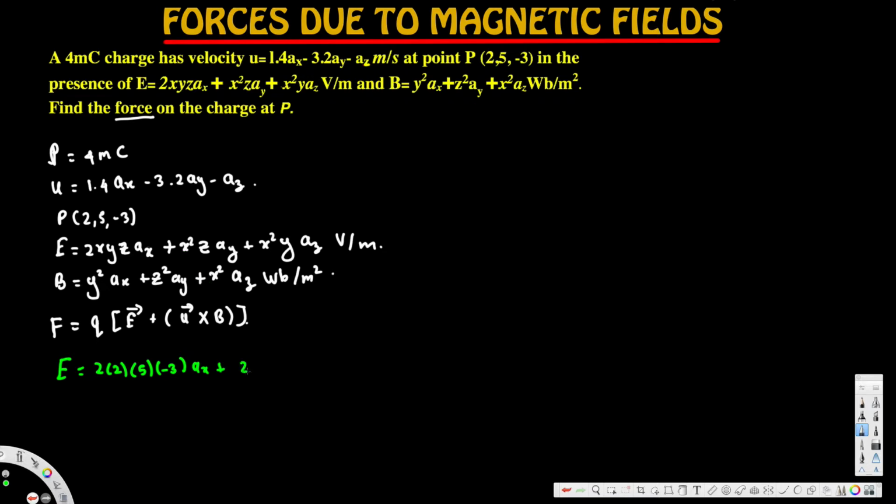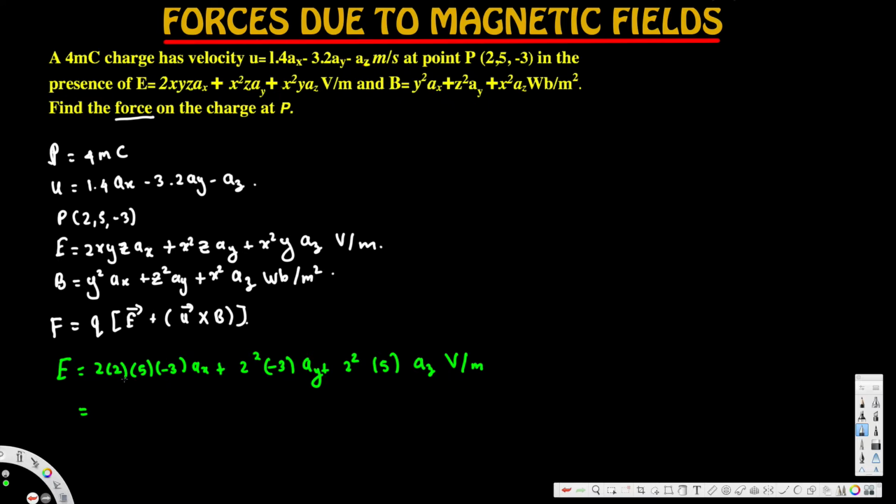Here x squared is 2 squared, z is negative 3, in the ay direction, and then x squared, 2 squared, y is 5, that's az, and this is volts per meter. Now if we multiply and simplify this, E = 2 times 2 times 5 times negative 3.